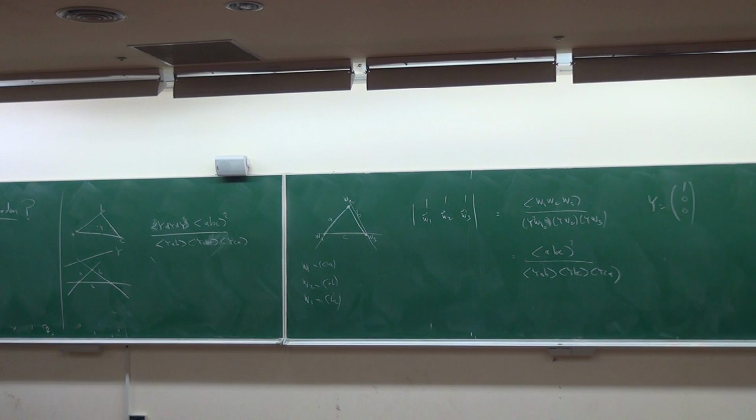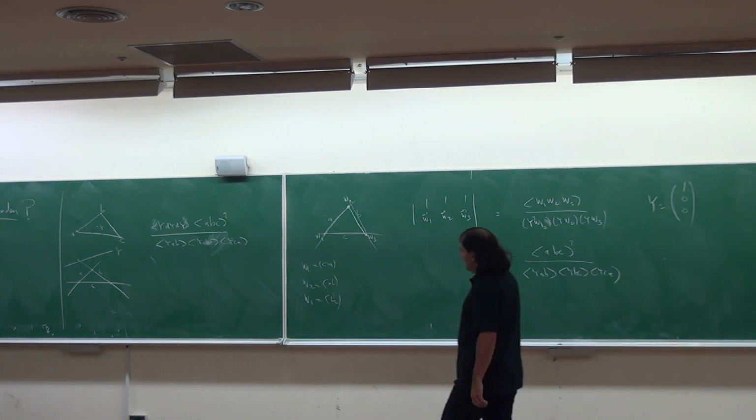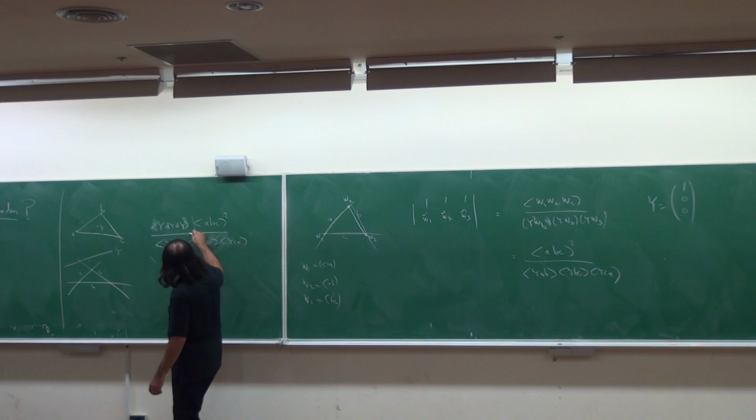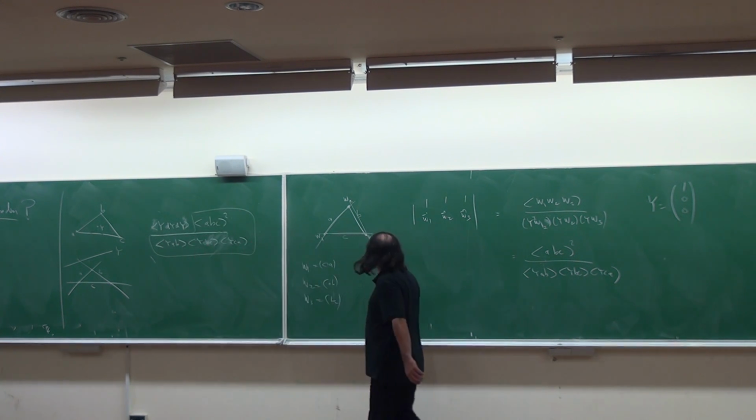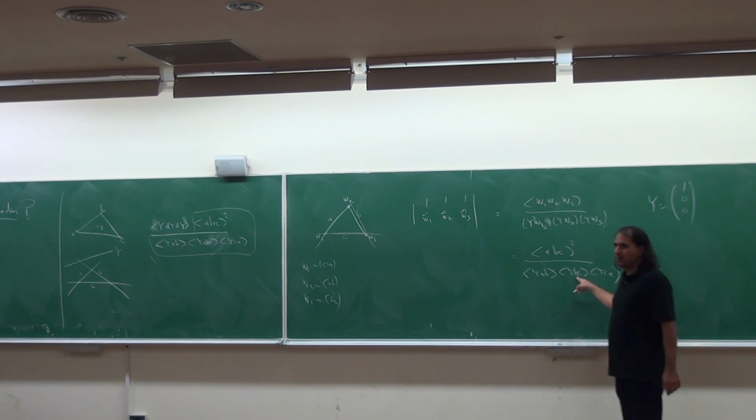Okay, so you see exactly what I said. This form of logarithmic singularities on the boundaries of the triangle is the area of the dual triangle. Okay?